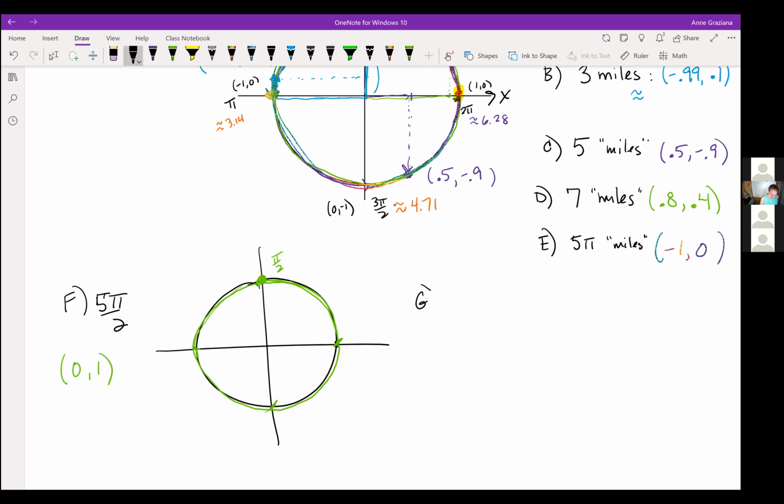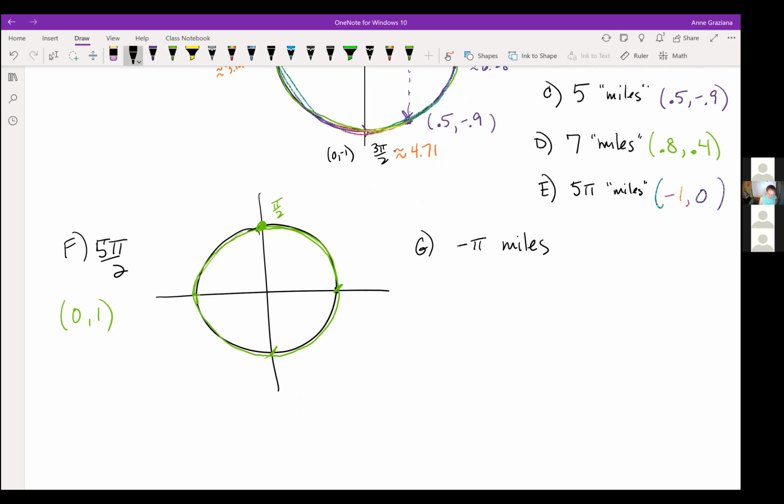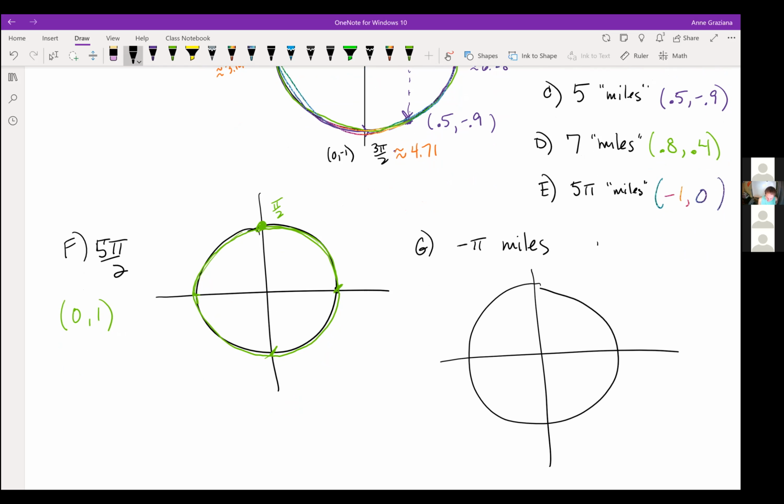Okay. Now, the other thing is that you can go negative units on your circle. So say we want to go negative pi miles. So here's my circle. All this means is negative means reverse direction. Go clockwise.